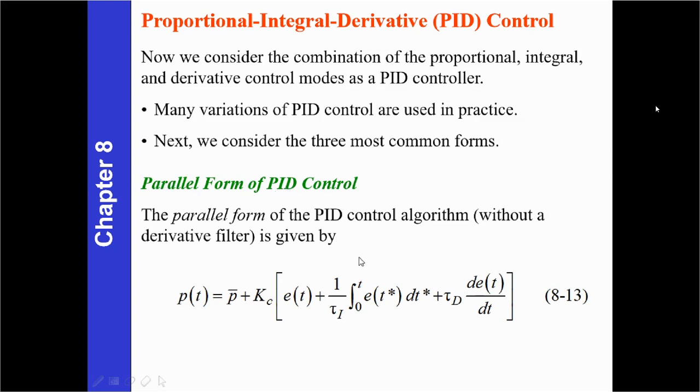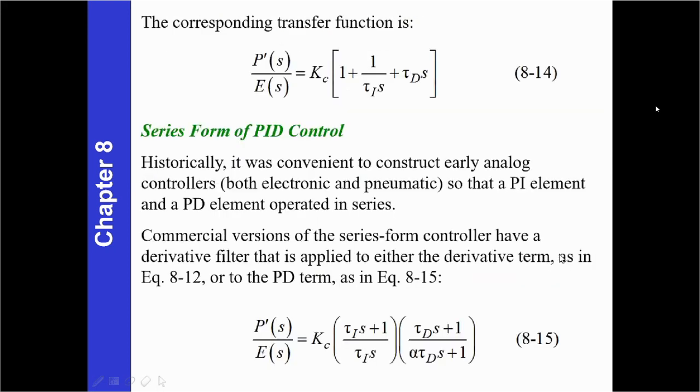In the parallel form of the PID control algorithm, we have a derivative filter explained by this equation, where they are considering the proportional, integral, and derivative, all three in action.